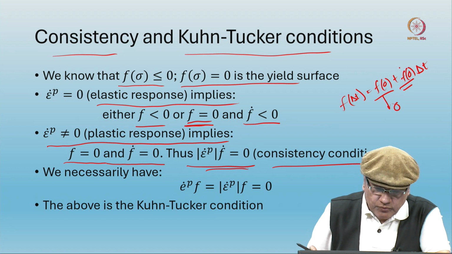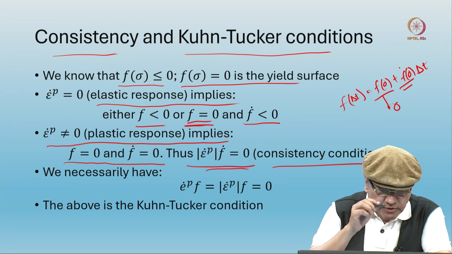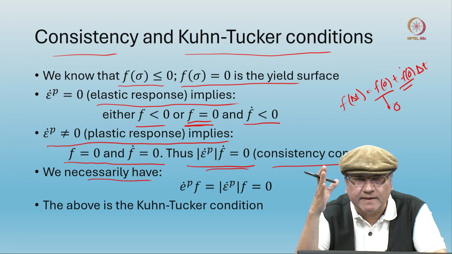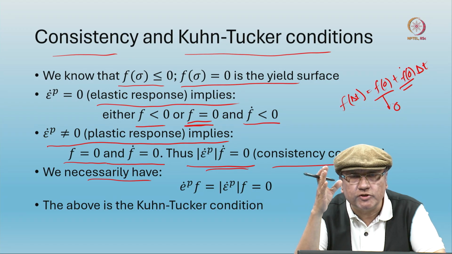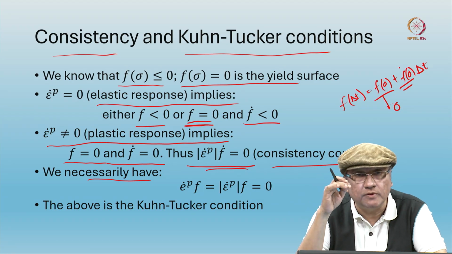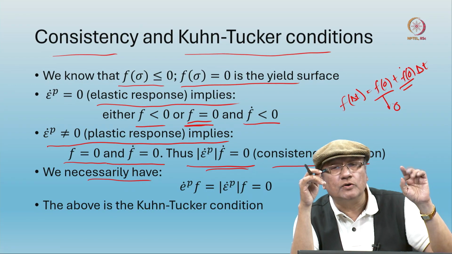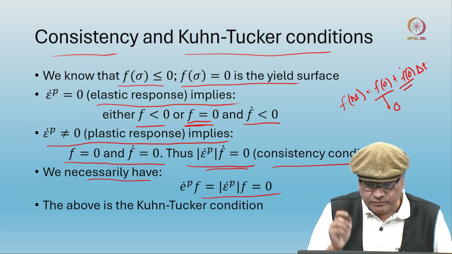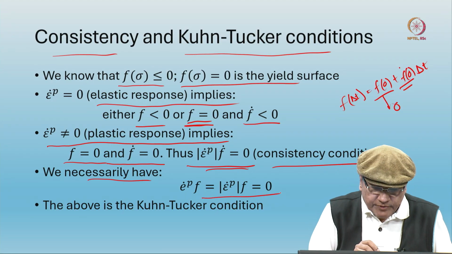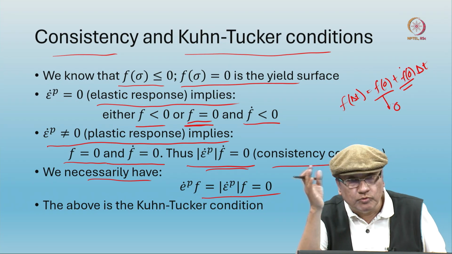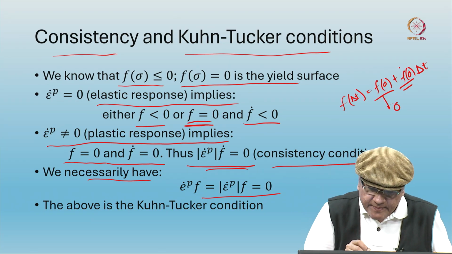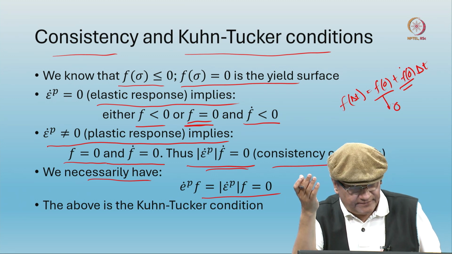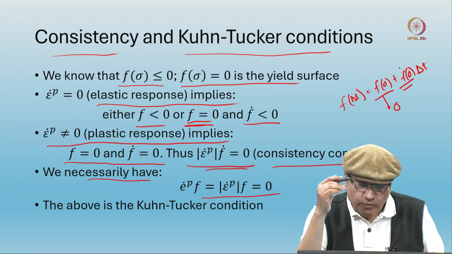Also recall another thing: if you take a look at the basic idea of the plastic response essentially acting as a constraint on the elastic response, to constrain the response on the yield surface, then this is also true. e p dot, which is the time derivative of the accumulated plastic strain, or the same as modulus of epsilon p dot, times f, that is the yield function, will always be equal to 0.